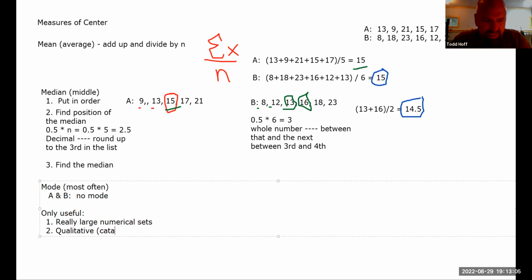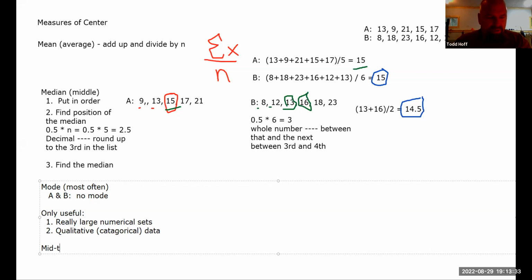Remember, qualitative is that categorical data. Like if I'm asking for your favorite color, there's no number there to calculate a mean or a median of, but you can find which one was selected the most often. So there is a mode for qualitative data, even though there is no mean or median. So that's where the mode is really useful. It's not terribly useful in other things.